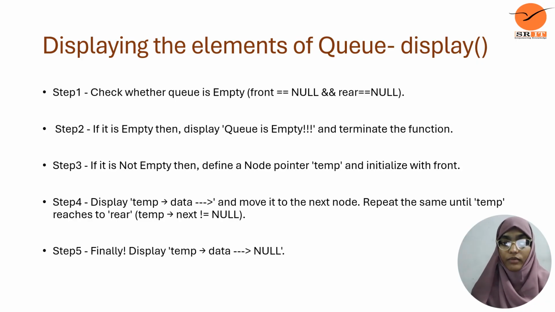And if the queue is not empty, then define a node pointer temp and initialize it with front. Then display temp of data and move to the next node. Repeat the same until temp reaches rear, which is when temp of next is equal to null. Finally display the data where temp of next equals null.